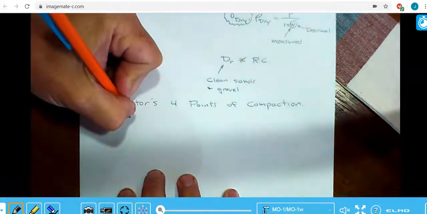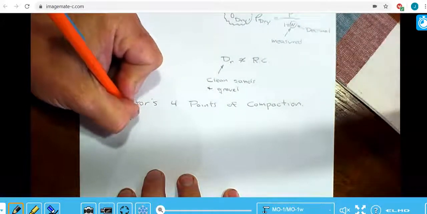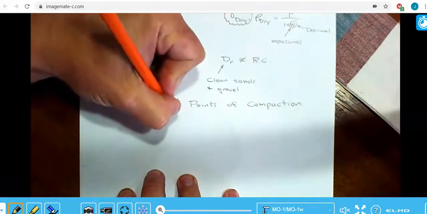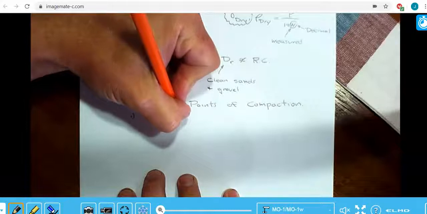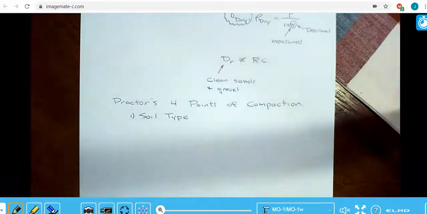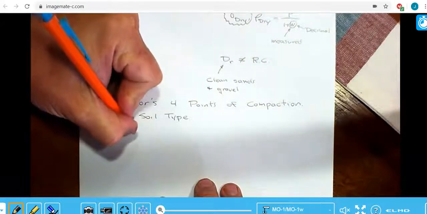So the one, in no particular order, is the soil type. Every soil type is going to have different characteristics, different lab max. So soil type. Number 2, compactive effort.